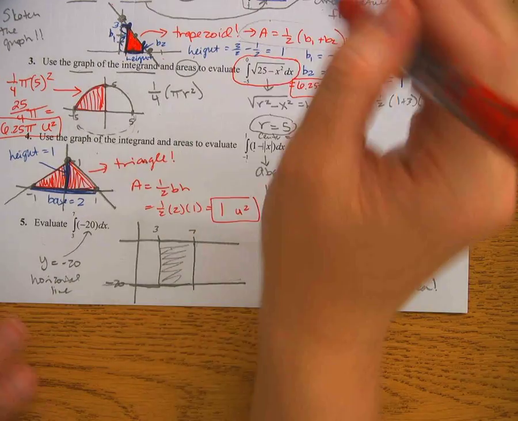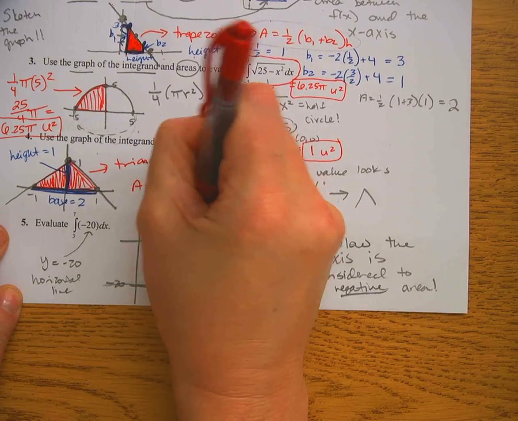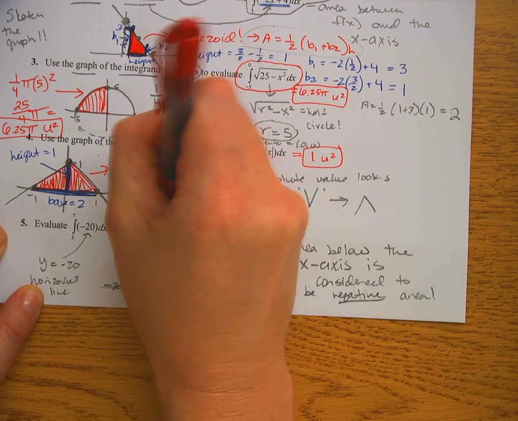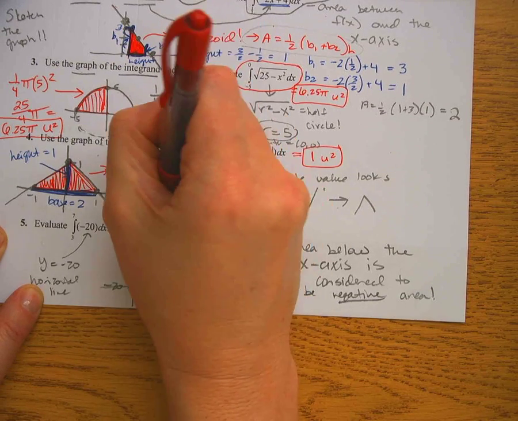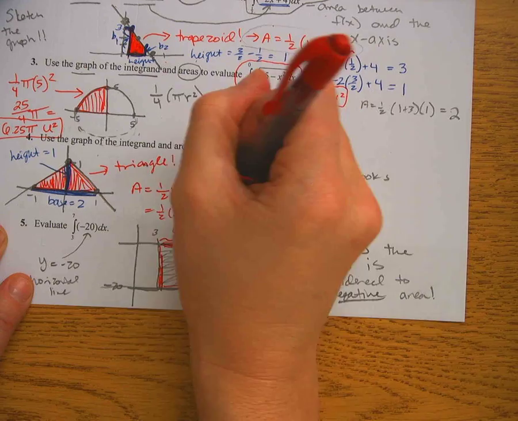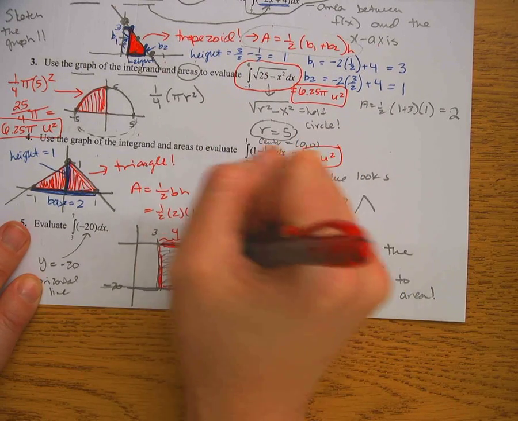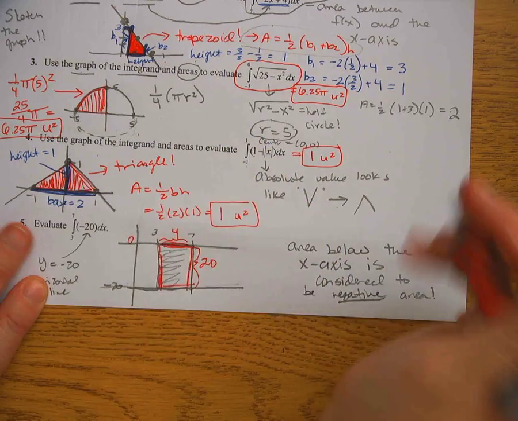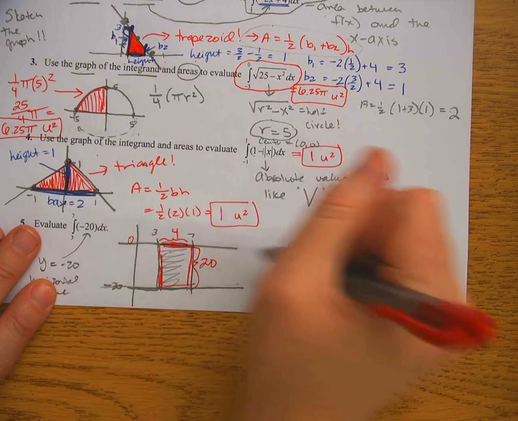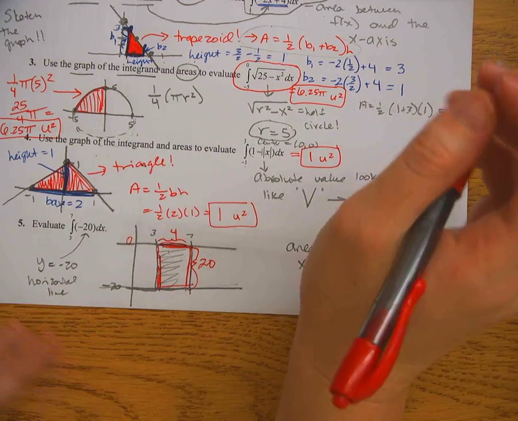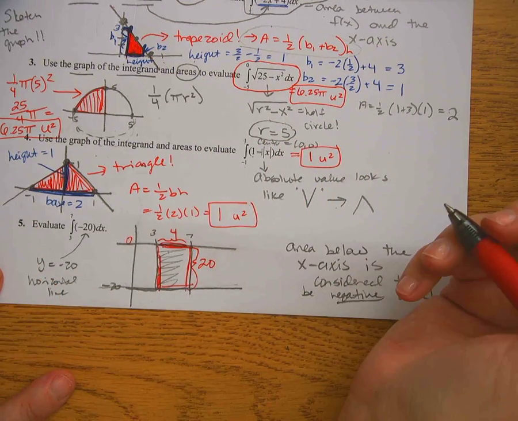Now this is great because this really is just a rectangle. So I just need to find base times height. So my base here would be 4 because it's the difference between 7 and 3. So 7 minus 3 is 4. And the height would be 20 since it's between 0 and 20. And so I multiply that together and it's below the x-axis, so that area would be considered -80.